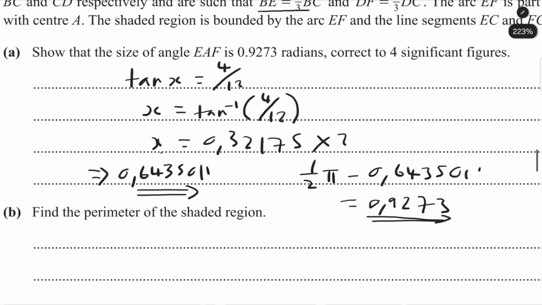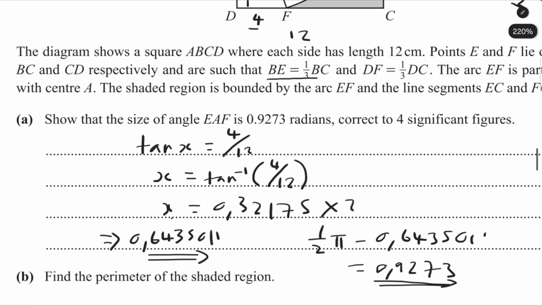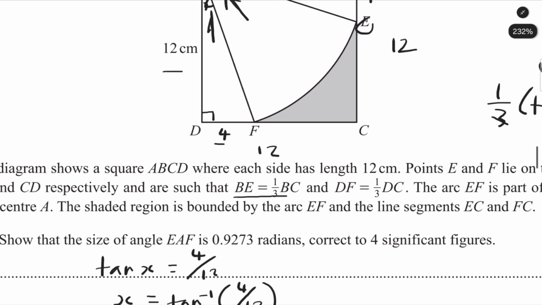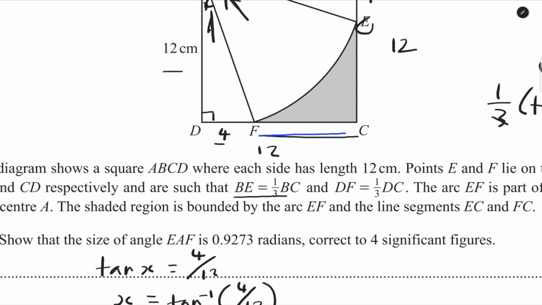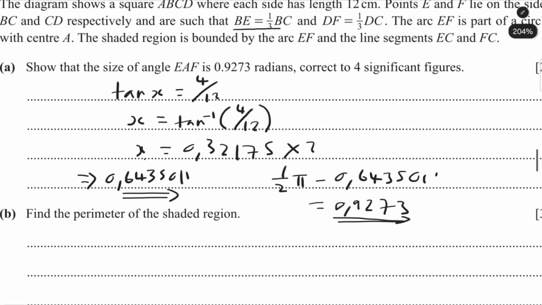And for part B, it says find the perimeter of the shaded region. In other words, find the distance right around the shaded region, which is FC, CE, and arc EF, right? Those are the sides that we're going to be calculating.